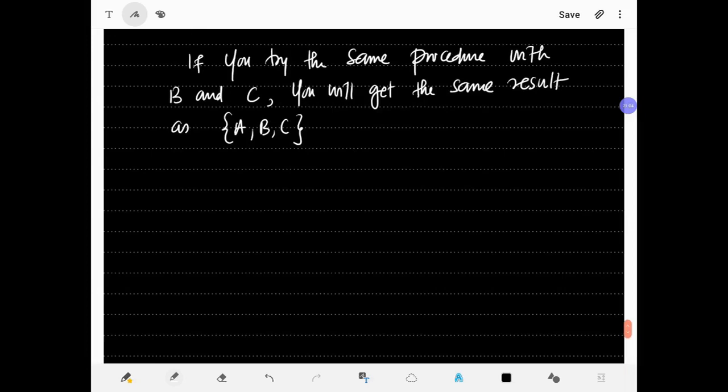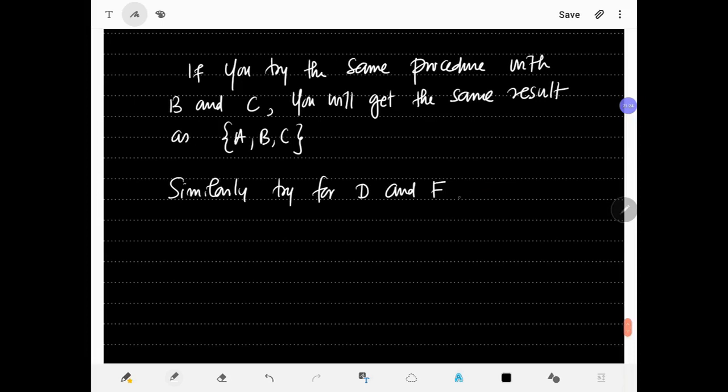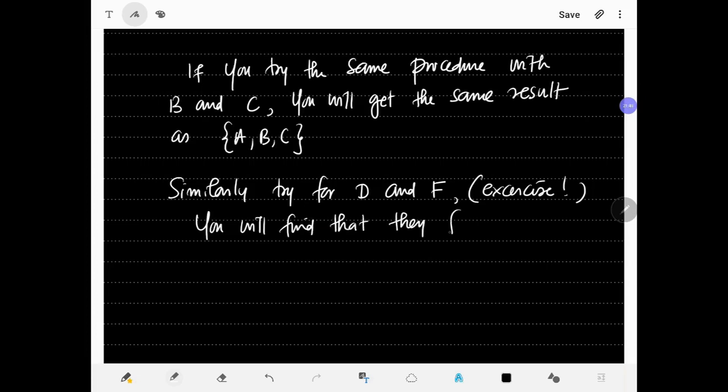Now what next do you have to do? We need to find the two more elements, that is D and F. So you do it as an exercise. You will come up with the result that D and F form a separate class.